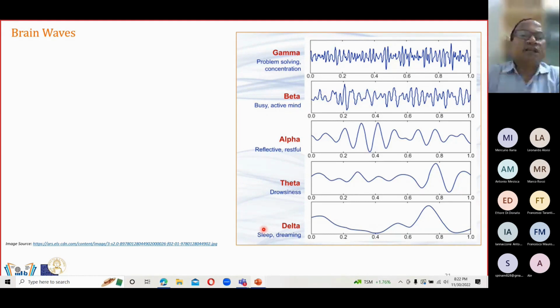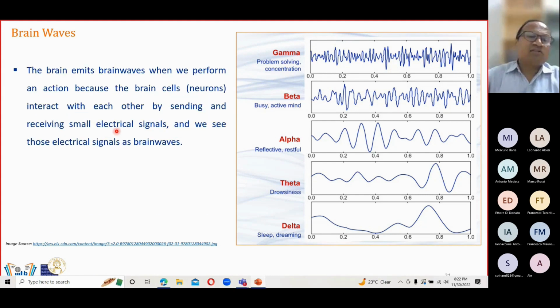What type of signal and pattern is generated from the brain of a person while in the sleep stage? Based on that, we can compare and analyze what quality of sleep the person is having.